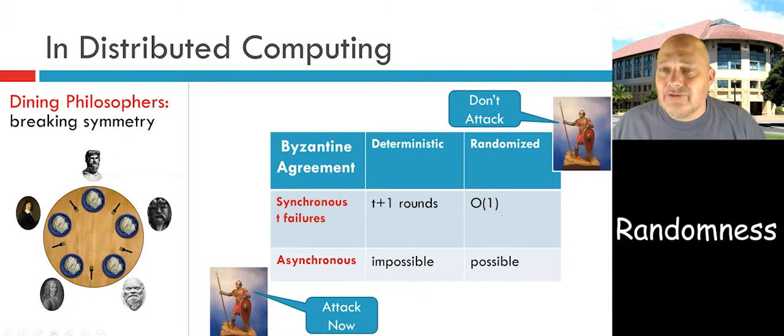In a randomized fashion, they only need a constant number of rounds of communication. If it's asynchronous, and this is very realistic, they don't have the same clock. They cannot say, okay, now all of us are doing this, and the next round all of us are doing this, because my next round may come later than your next round. Then Byzantine agreement is impossible deterministically, but possible with a randomized protocol.